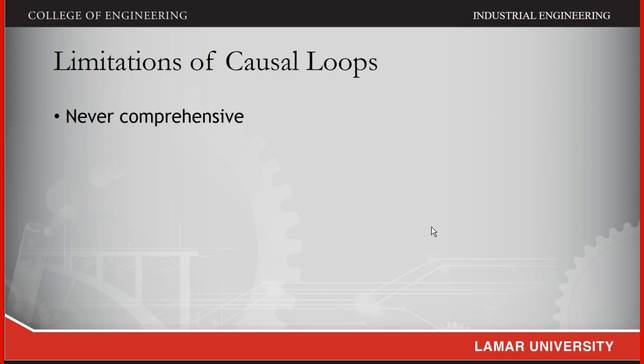They're never comprehensive, and we should use them as a tool to learn and grow our knowledge, communicate with other people, and summarize their expressions. But there is no hope of actually finishing a complete causal loop diagram.